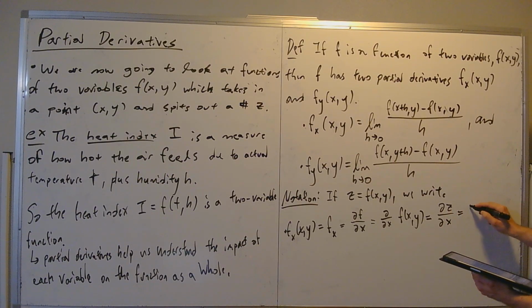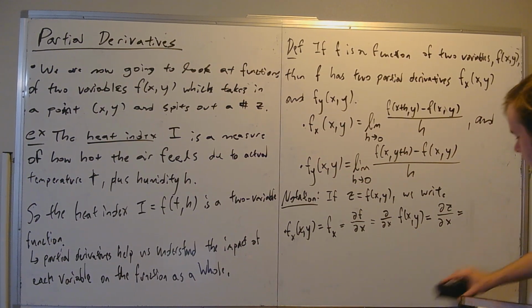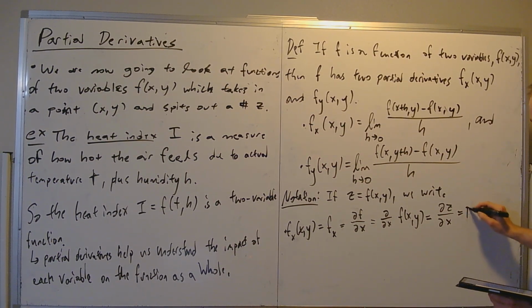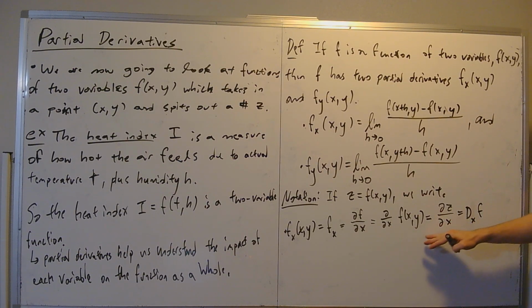And this we can also write as d x f. Right, so all these things mean the same thing. All these things mean the partial derivative of f with respect to x.